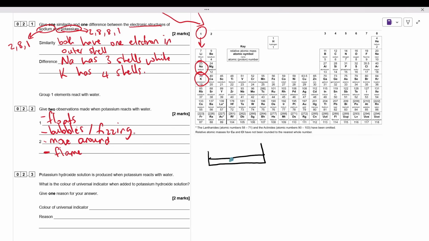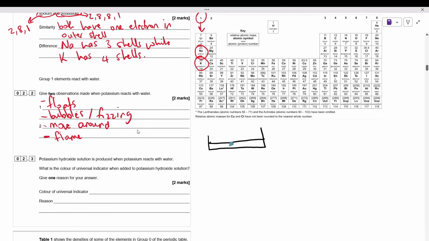Now for number 2.3, we have potassium hydroxide solution produced as potassium reacts with water. What is the color of the universal indicator when added to potassium hydroxide solution? We need one reason for this answer.